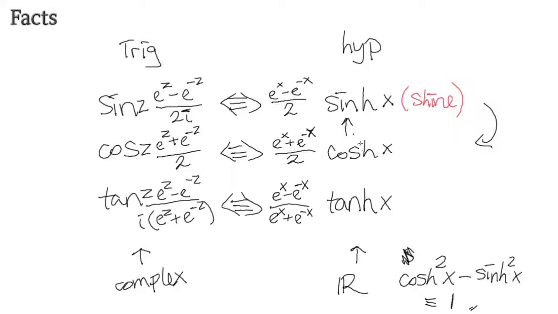So essentially these two oscillate between differentials, and there are no negative signs to worry about, unlike the trigonometric functions, because obviously there's an i involved in the expression over on the trig side, and there aren't any i's in the hyperbolic side, so we don't get the oscillating negative signs.